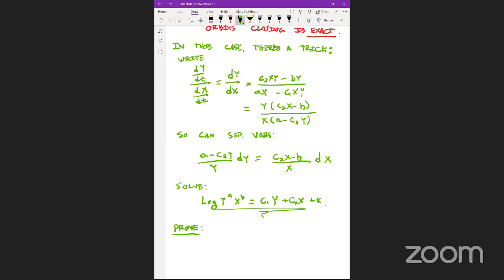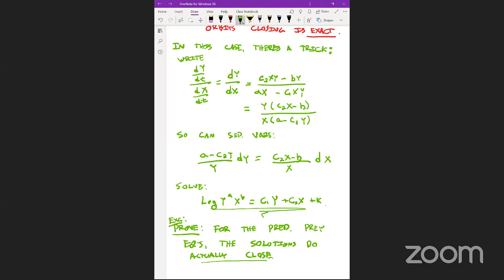Not homework, but an exercise: prove that for the predator-prey equations, solutions do actually close. And we can see that.